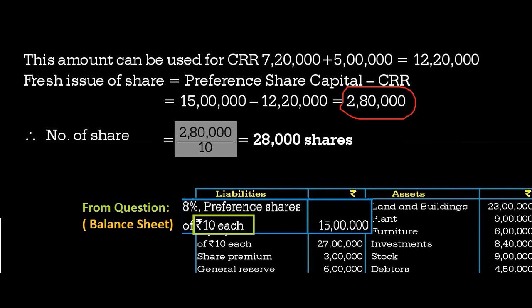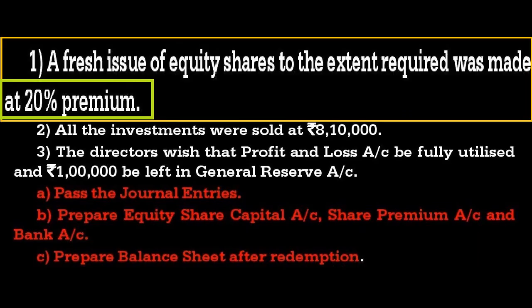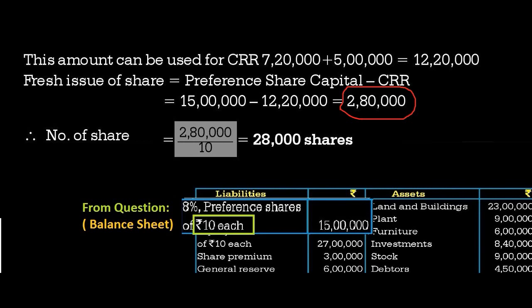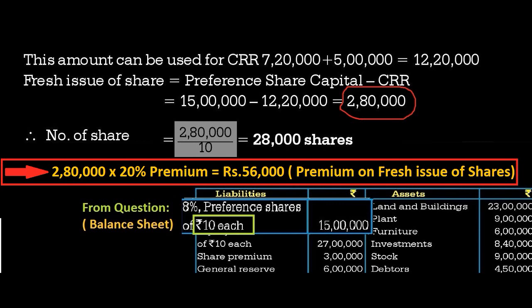So total number of shares is 28,000. So we are going to issue 28,000 new equity shares at a premium of 20%. 28,000 shares into 10 is 2,80,000. 2,80,000 into 20% comes to 56,000. That is the amount we get from premium on fresh issue of shares. So now the working note is over.